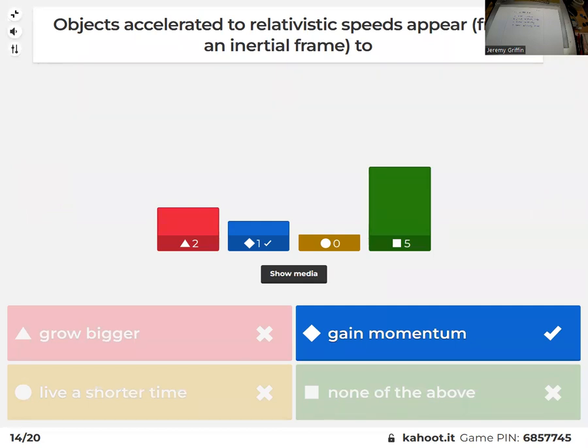Oh, sorry, my clue was not very helpful. All right, I'm thinking. Sorry about that. All right. So the train did appear to get shorter from an inertial frame of reference. That's the opposite of the red one. It would also, if you think about the twin paradox, remember, Rocket Twin looks like he barely ages compared to Earth Twin. So it's the opposite of the yellow one.